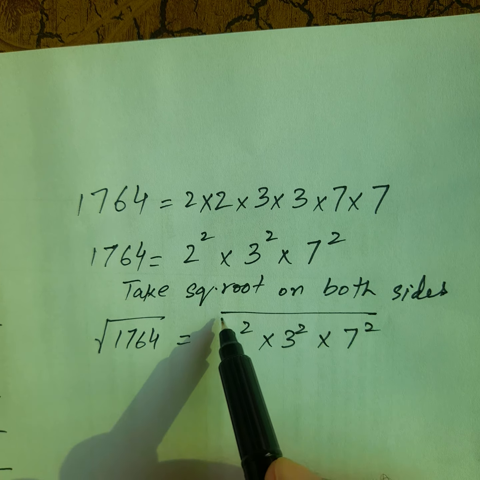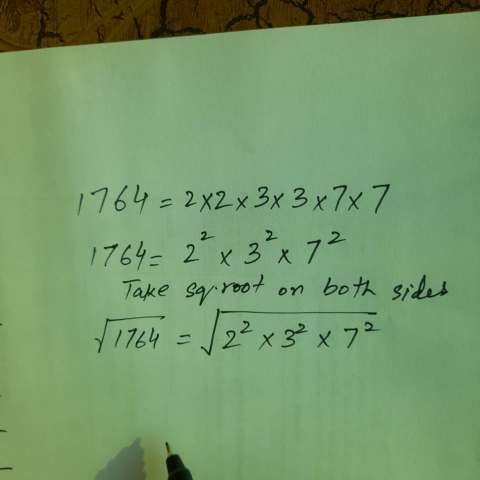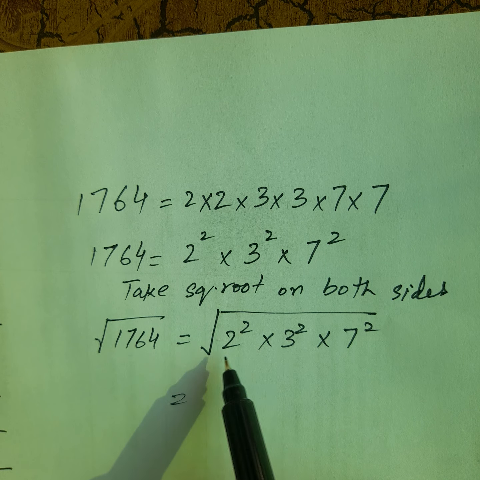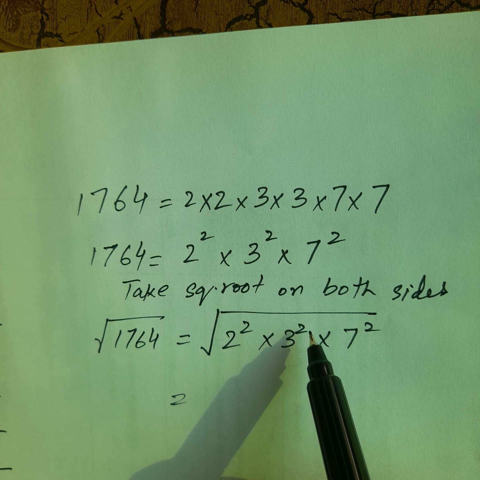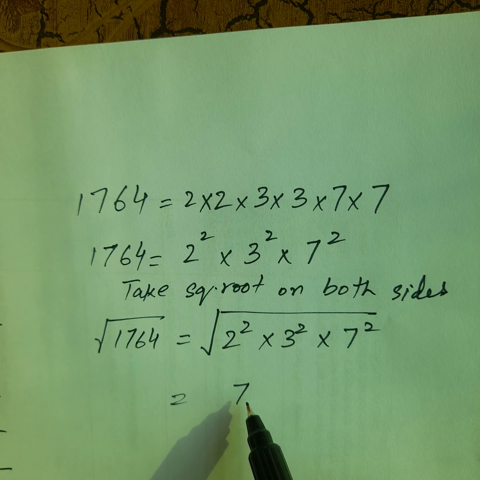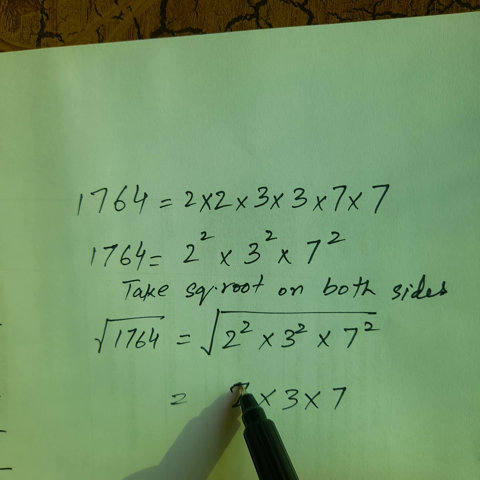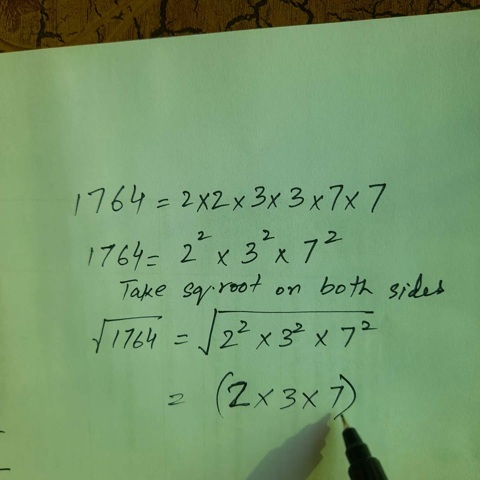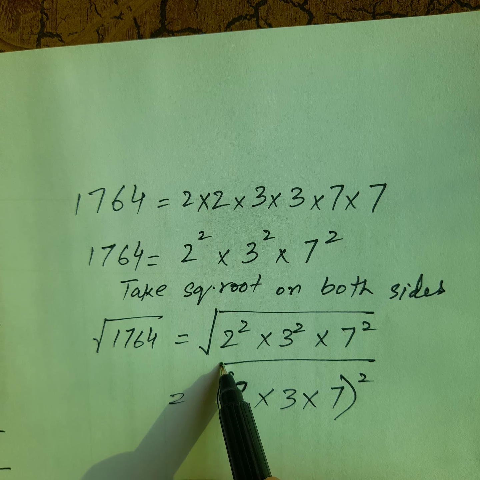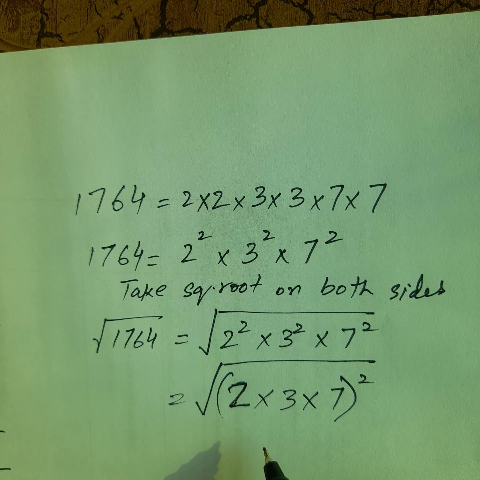I am taking square root on both sides. Now I can also write 2 square multiplied by 3 square multiplied by 7 square like this. In maths we can do this: I can put a single power, and I have multiplied all the numbers.